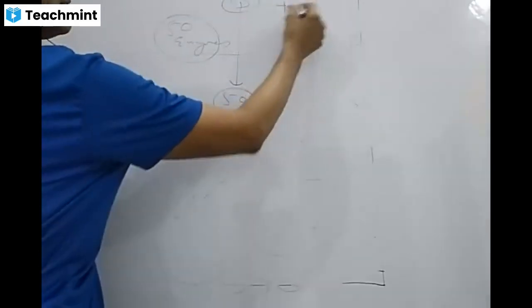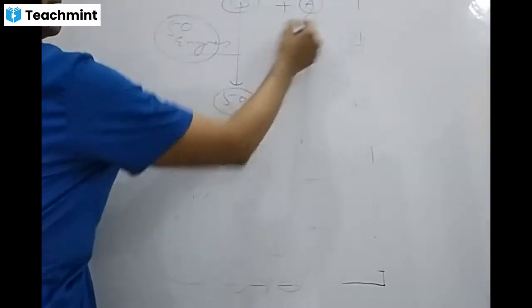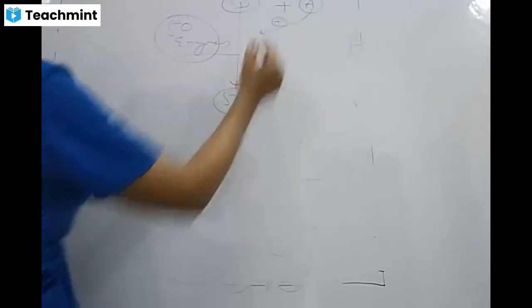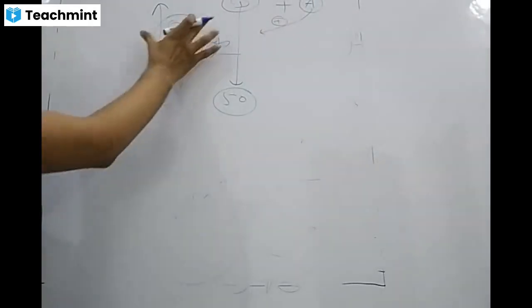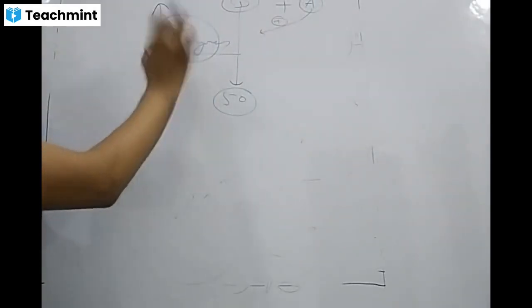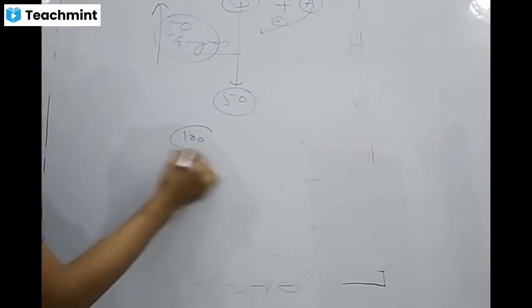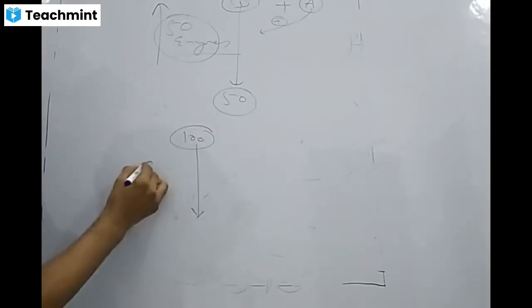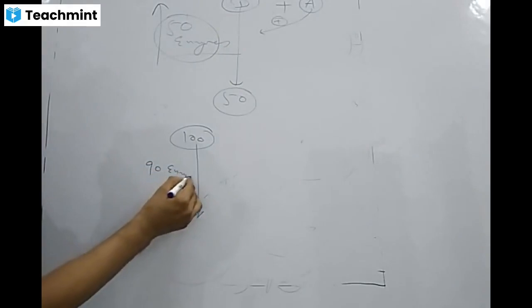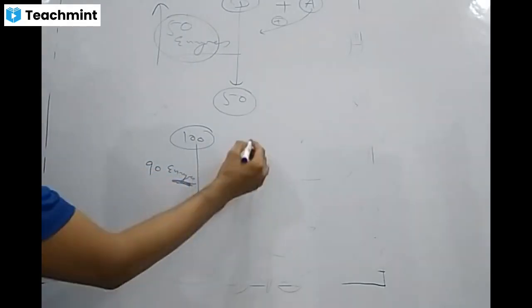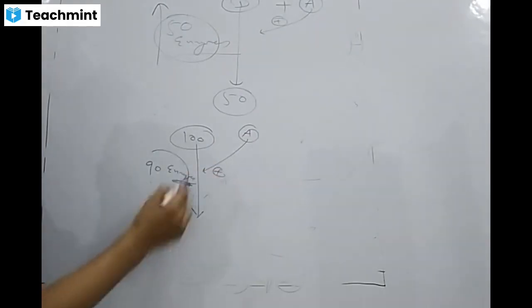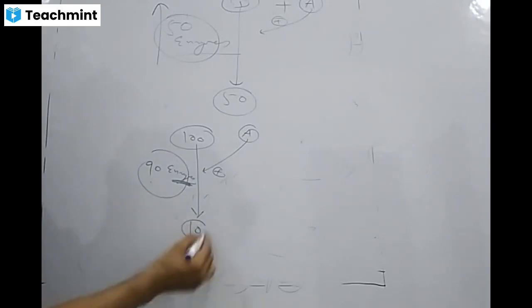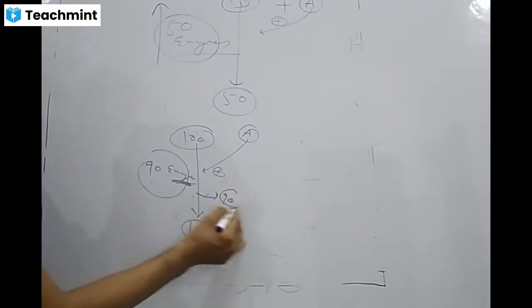If I give another drug, A, and it is an inducer, meaning it increases the number of enzymes, from 50 they will become 90. Again, I have given 100 and enzymes are now 90 because of this A. So now they will metabolize 90. So what is left? 10.